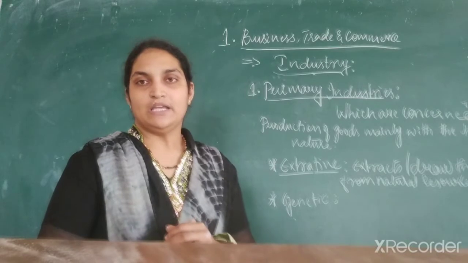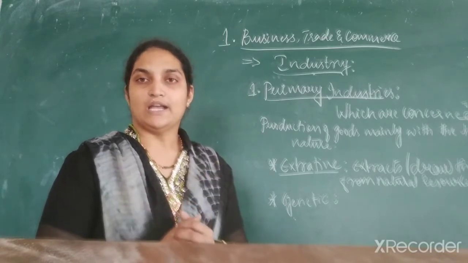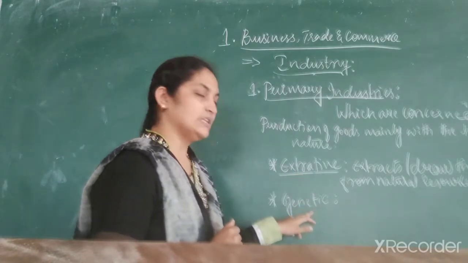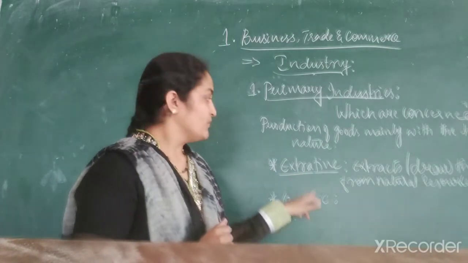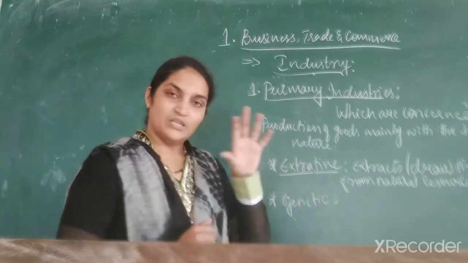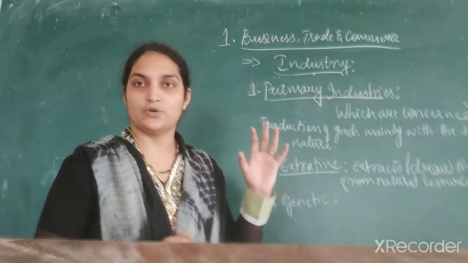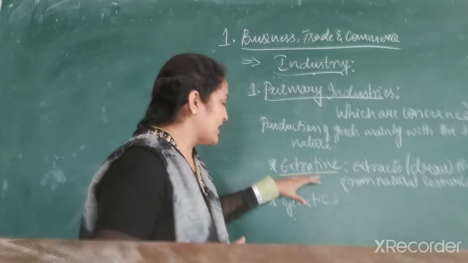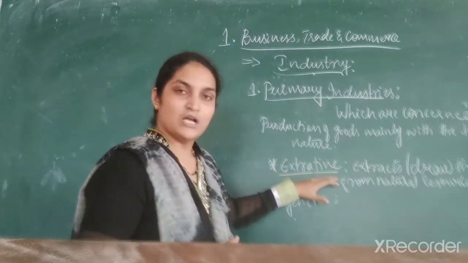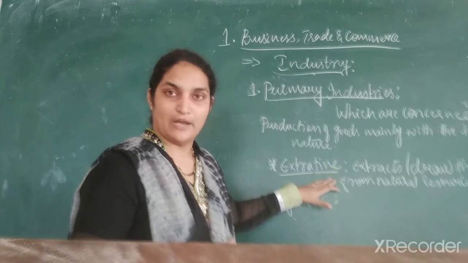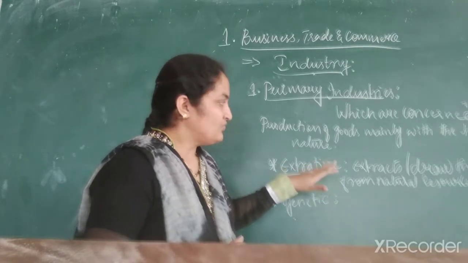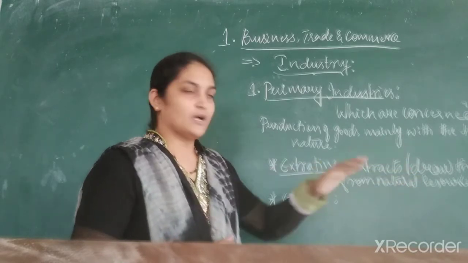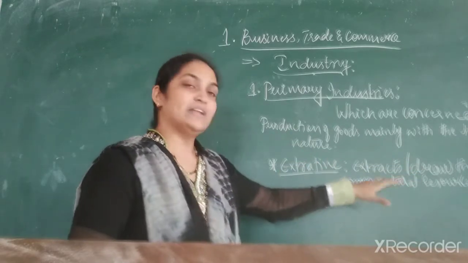Again, these primary industries are broadly categorized into two ways. One is extractive industries, another one is genetic industries. What is extractive industries? The word itself says extract: grabbing, taking, obtaining. Extractive industries are one type of primary industries which is concerned with the extraction or drawing of a product from the natural resources.